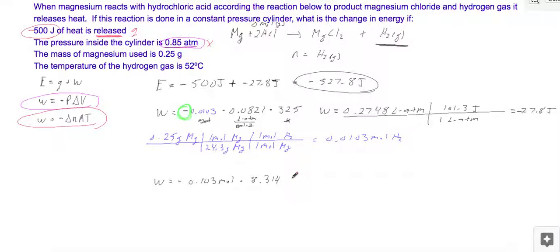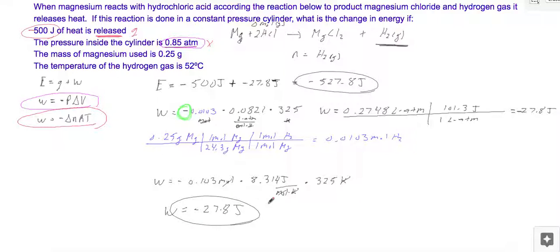This is another R constant, and all we're doing here is we're taking our 0.0821 liter atmospheres per mole Kelvin and doing the conversion there, times 101.3 joules. So that gets us joules per mole Kelvin times 325 Kelvin. And so we end up with the same work here of negative 27.8 joules.